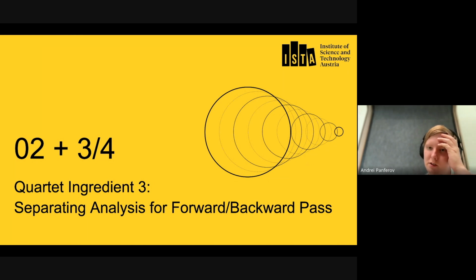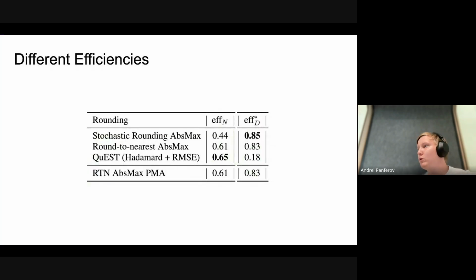Since the forward pass and backward pass have very different effects on the training, one affecting the parameter count and the other data efficiency, and different speedups, because forward pass quantization mostly affects inference and backward pass quantization mostly affects training, it makes a lot of sense to analyze them separately, even from the method perspective as well. And what we show is that those efficiencies vary a lot between methods, and more interestingly, different methods are optimal for either forward pass or backward pass.